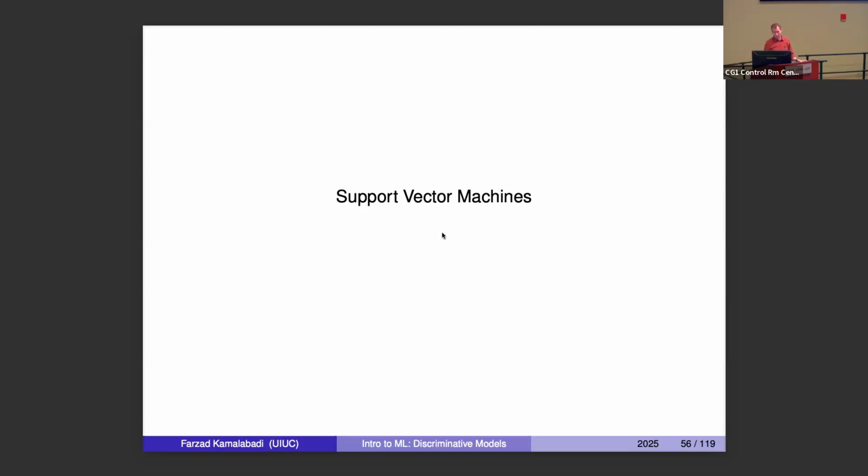And in fact, if I have time, I will show you that this is just a special case. This is related to both logistic regression and to deep nets, as SVMs are.